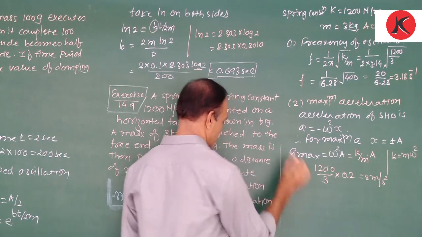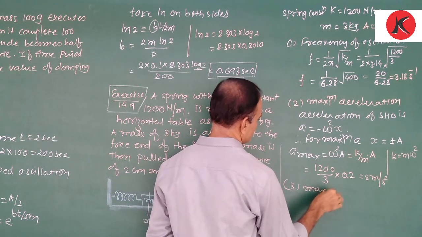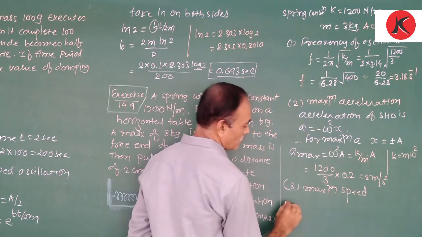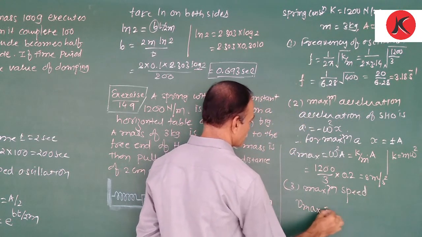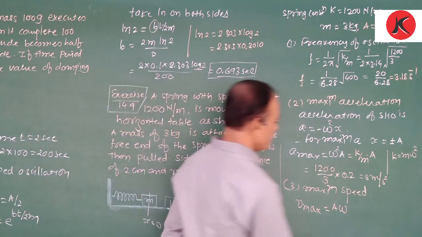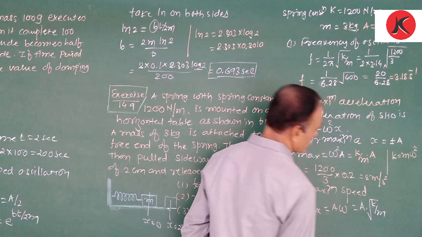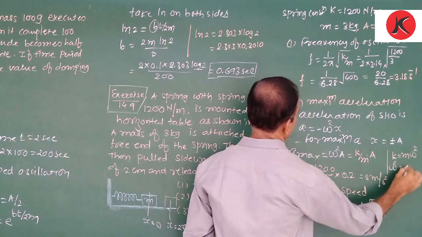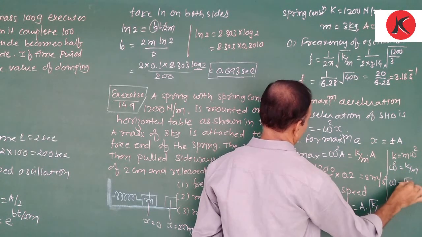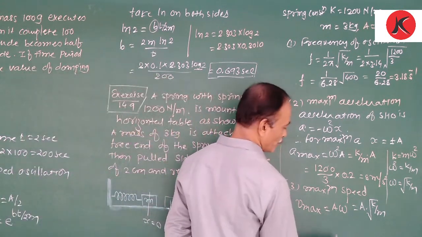Now, third, what is the maximum speed? We know the direct equation of maximum speed, V maximum is equal to A into omega. Here we substitute the value of omega, A into under root of K upon m. From this equation, omega square is equal to K upon m. Therefore, omega is equal to under root of K upon m. Now, amplitude is 0.2.